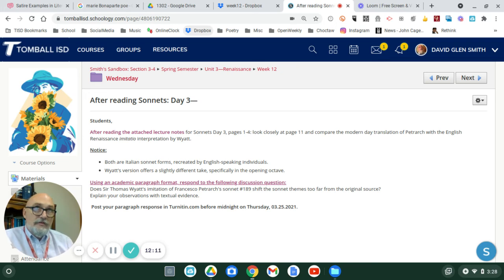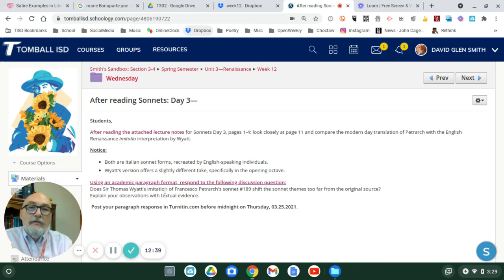So not to be contradictory, the Wyatt version is like a hybrid between the Italian and the English. Wyatt's version also offers a slightly different take on theme, especially in the opening octave. So I want you to be aware. Read the modern one first, and then see how the Wyatt version differs.